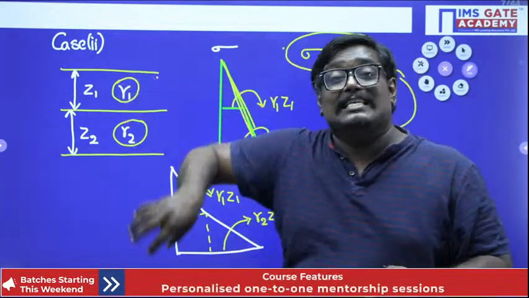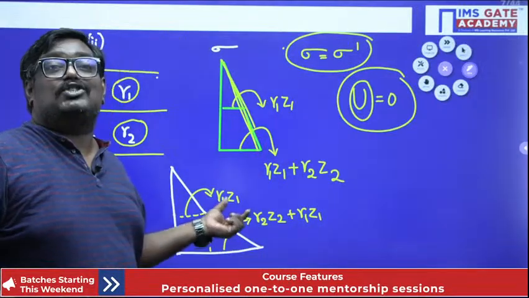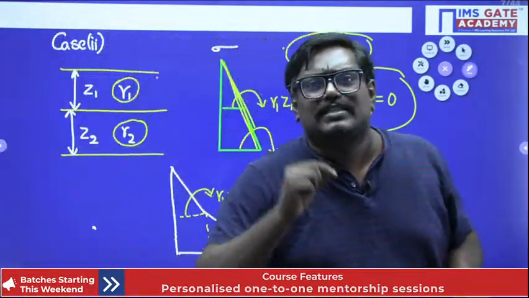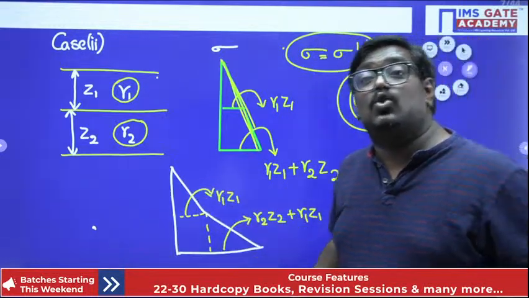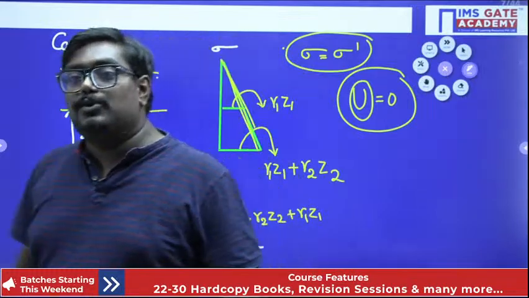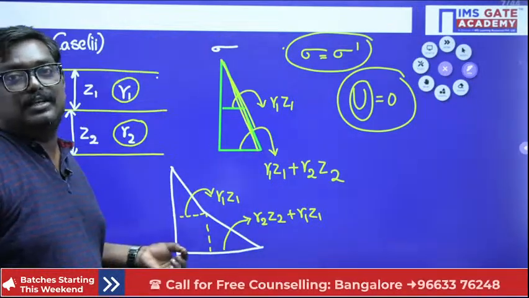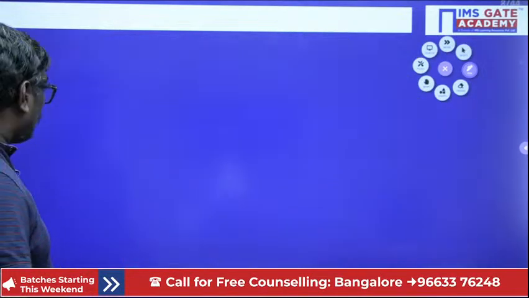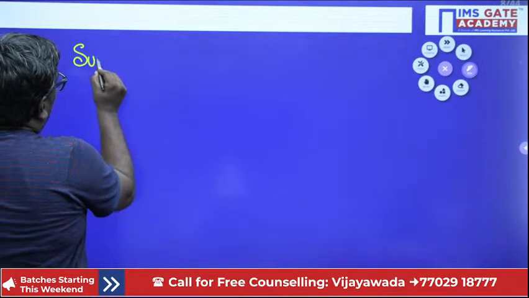In this case, the stress is going to vary. The slope of the stress variation is going to change, my dear students, which is a very important observation. Okay. And next, my dear students, if you talk about a surcharge.